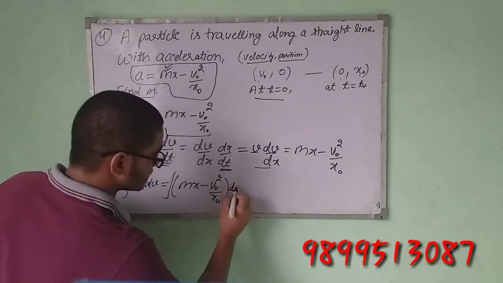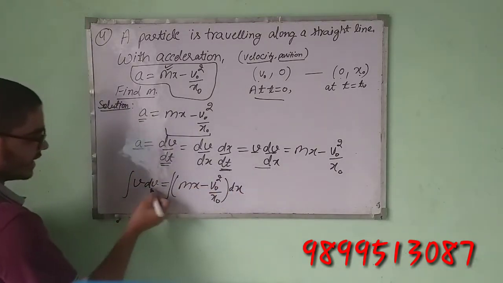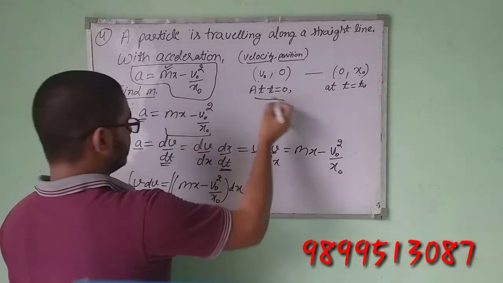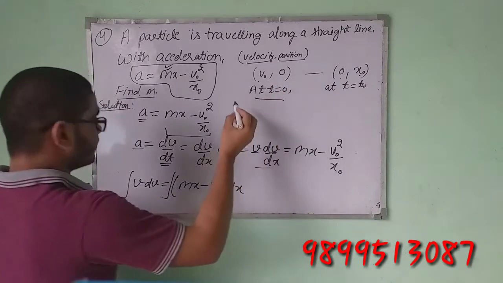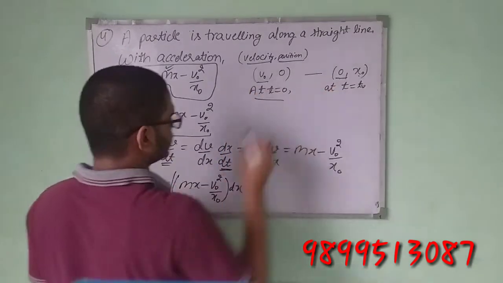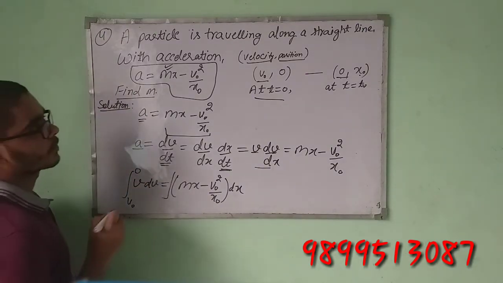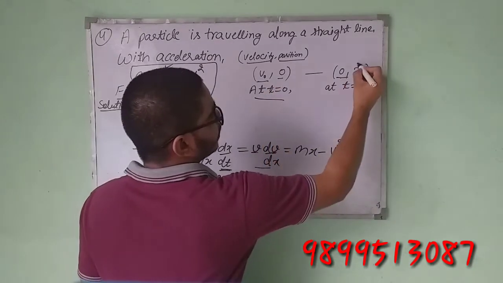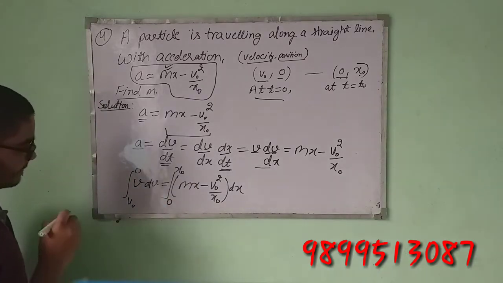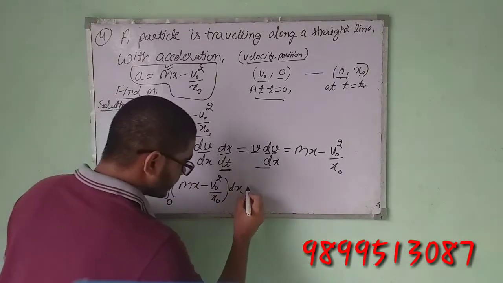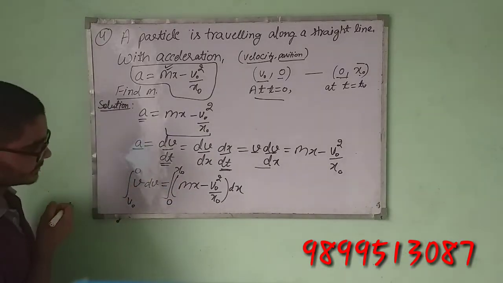I have to integrate both sides, and now I have to put the limits for variables x and v, which are already given at t equal to 0. The velocity varies from v naught to 0, so the initial value of velocity is v naught and finally 0. And position varies from 0 to x naught. I won't put a constant c because this is a definite integral.